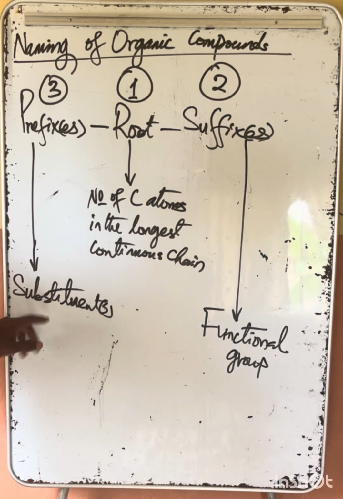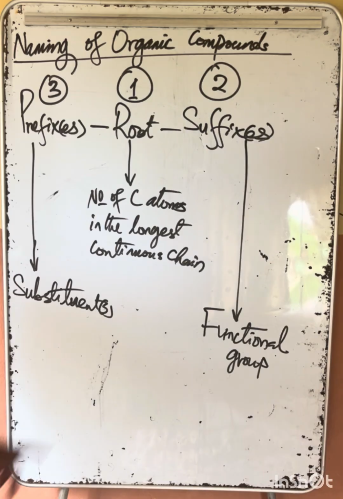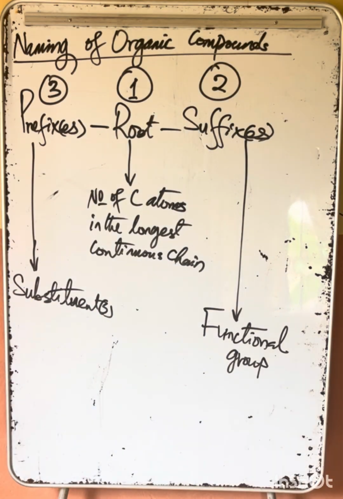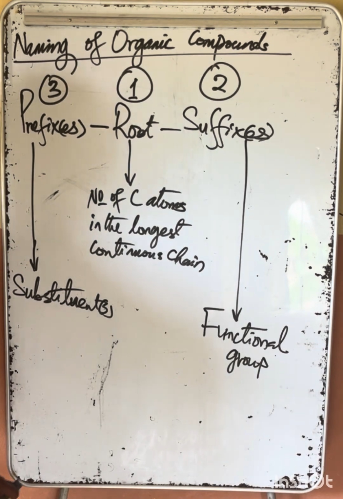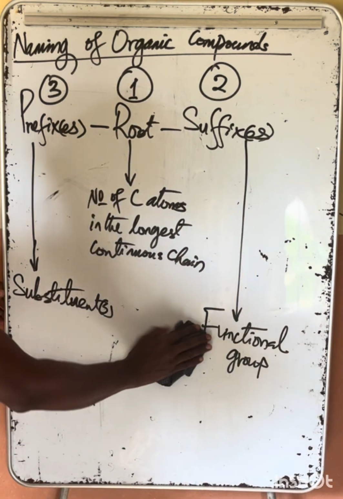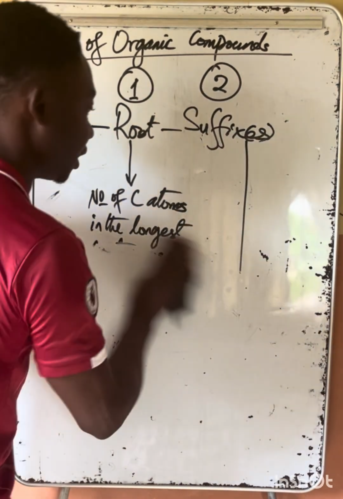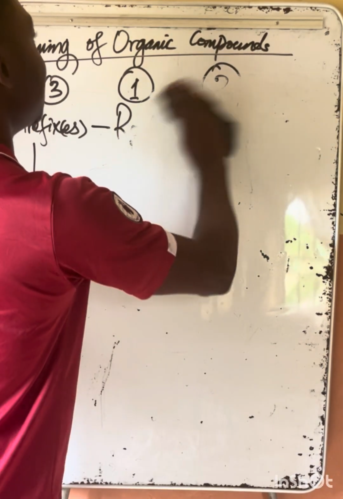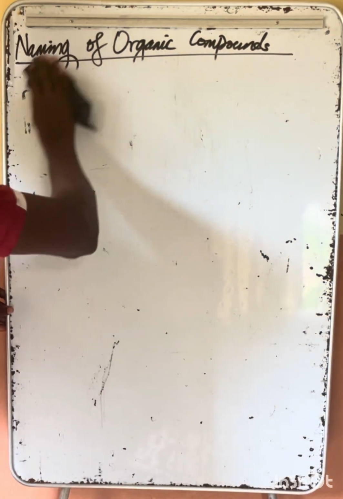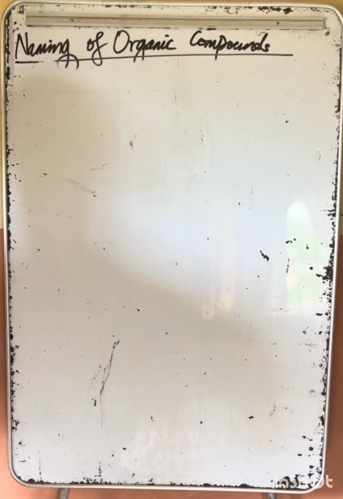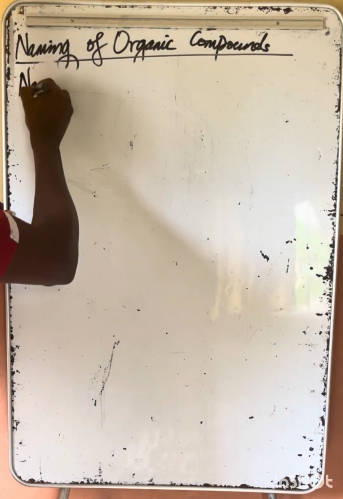In this sequence, we'll discuss each and every one of them one at a time. We'll start from the name as root. I'll be rubbing off the board, so if you want to get this, pause the video and get the information noted down. Let's discuss name as root.